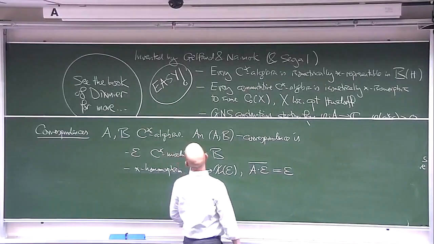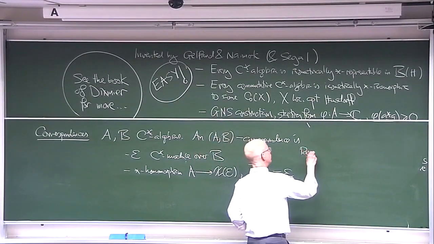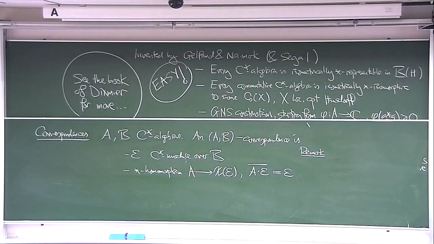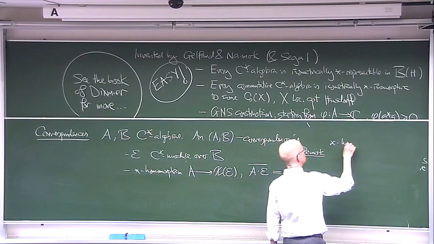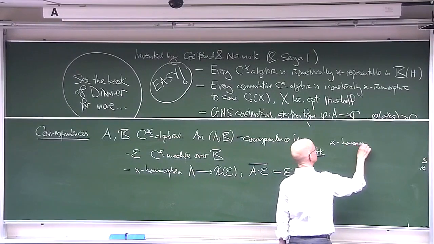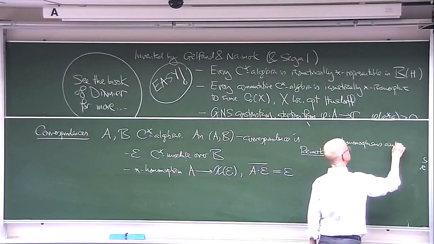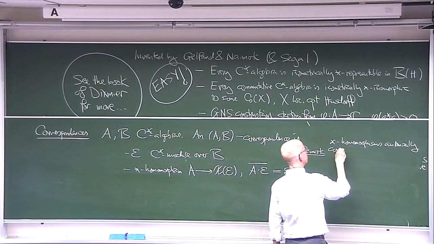I forgot to say, but maybe this is a reasonable place to do it. I was explaining how easy C-star algebras are, so let me just remark here a couple of things. That homomorphisms between C-star algebras that preserve the star operation are automatically continuous, in fact contractive.